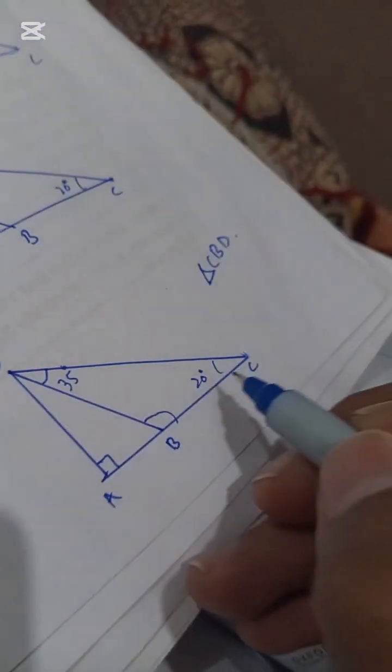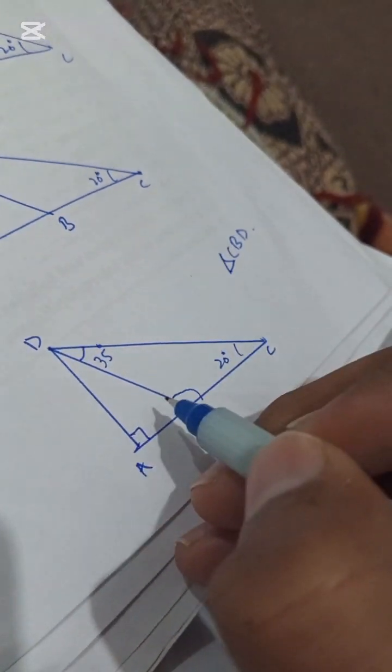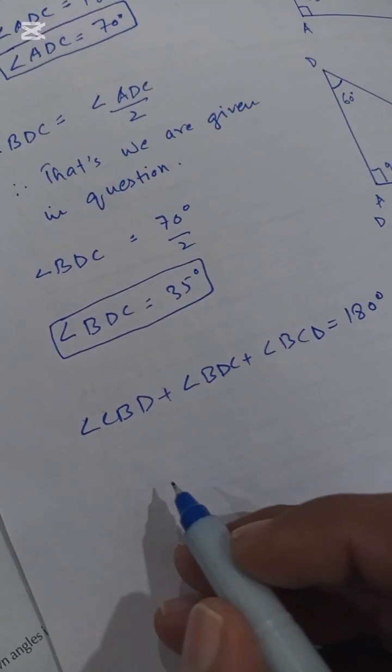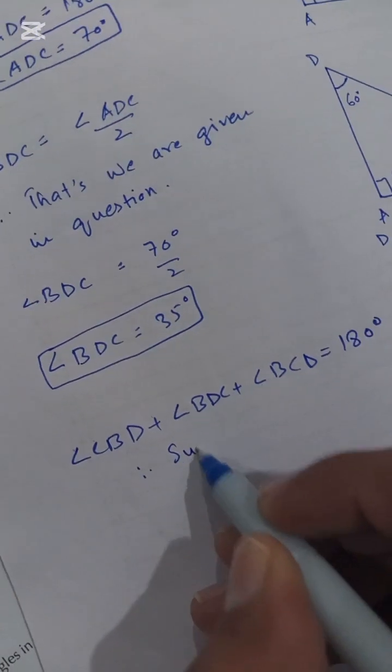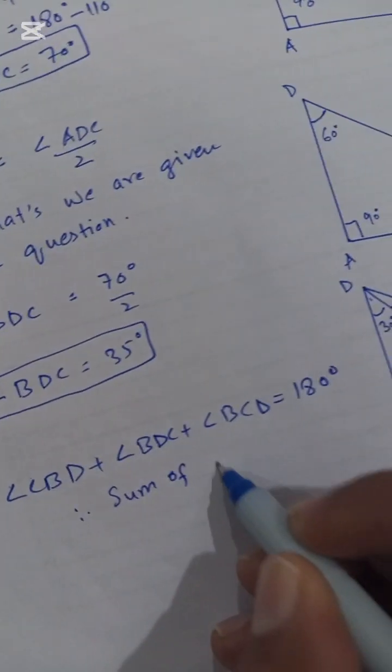Angle CBD plus angle BDC plus angle BCD equals 180 degrees, right? So now I have written the law, that is, the sum of all angles inside a triangle equals 180 degrees.